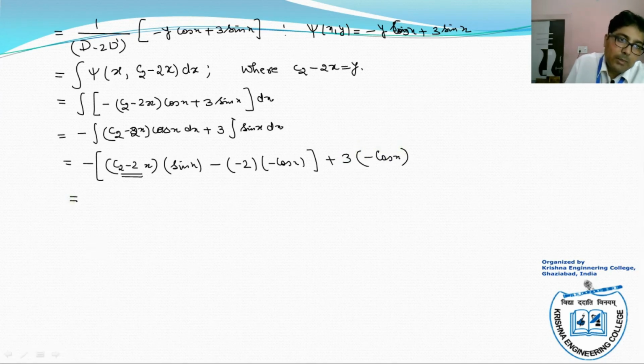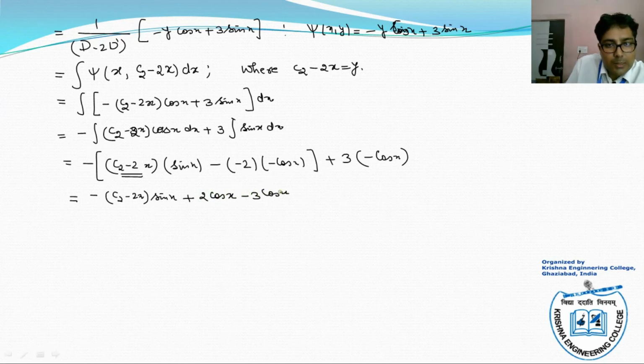Clear? So this becomes minus (c2 - 2x) sin x plus 2 times minus cos x, minus 3 cos x. Replace c2 - 2x by y. So this becomes minus y sin x and minus cos x.